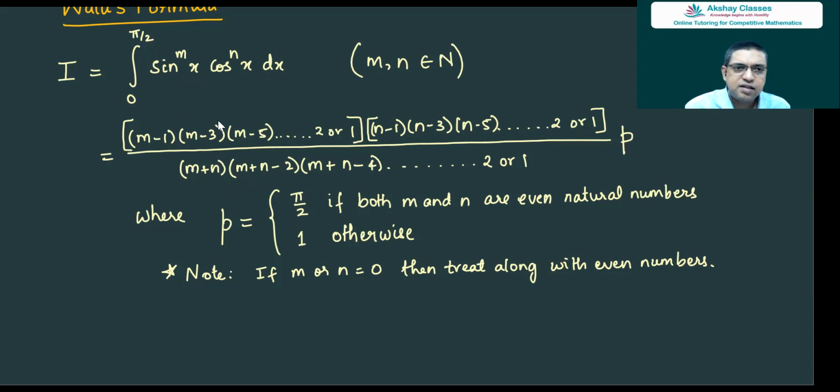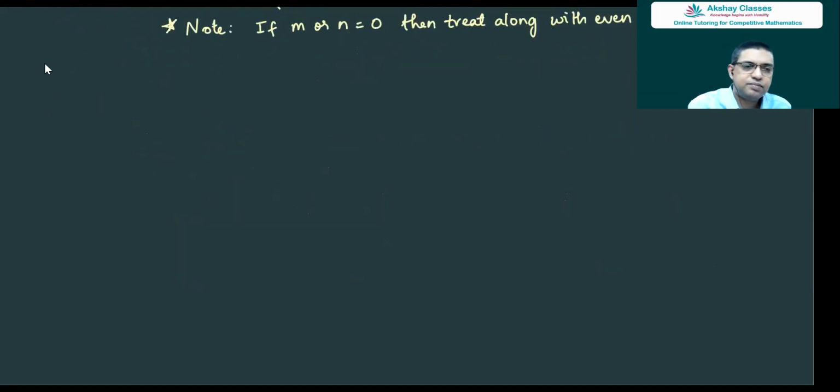So now let us take an example. Integral 0 to pi by 2 of sine to the power 6x cos to the power 4x.